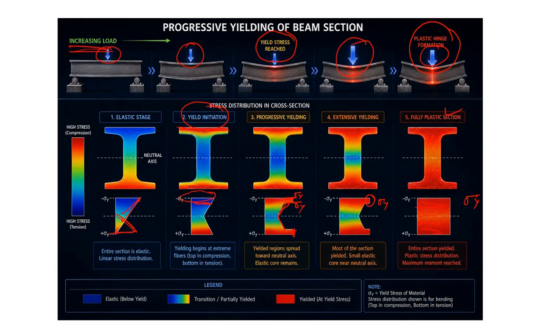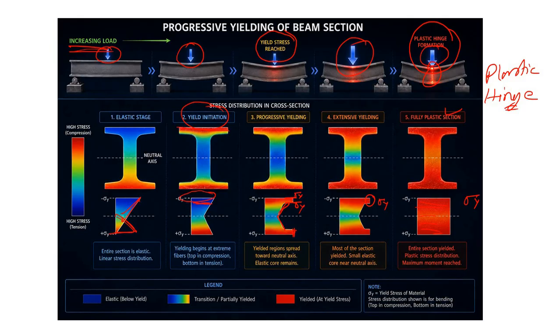And when this hinge has formed, this hinge is known as a plastic hinge. Okay, and a structure will collapse when sufficient plastic hinges are formed to transform it into a mechanism.